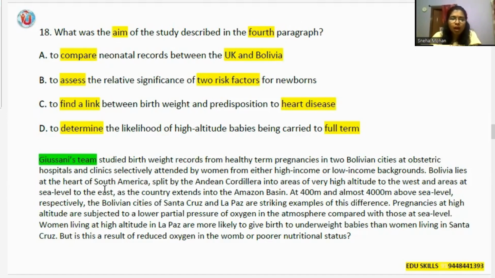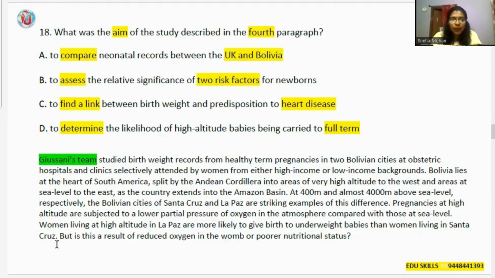Bolivia lies at the heart of South America, split by the Andean Cordillera into areas of very high altitude to the west and areas at sea level to the east. As the country extends into the Amazon basin, at 400 meters and almost 4,000 meters above sea level, respectively, the Bolivian cities of Santa Cruz and La Paz are striking examples of this difference.